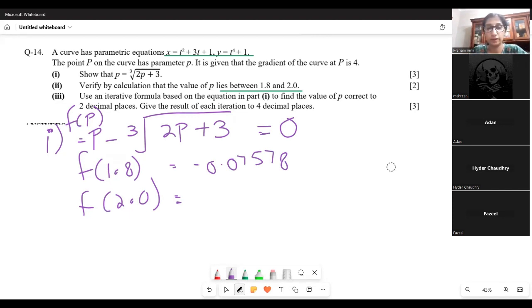And then replace 1.8 with 2, and that gives a positive value, 0.08707.